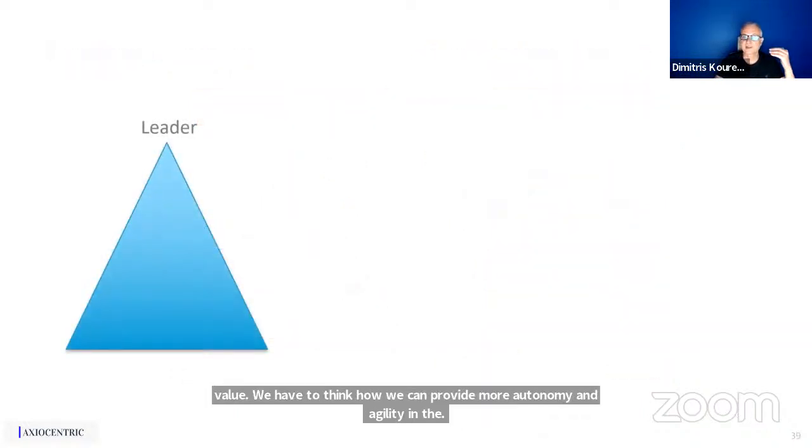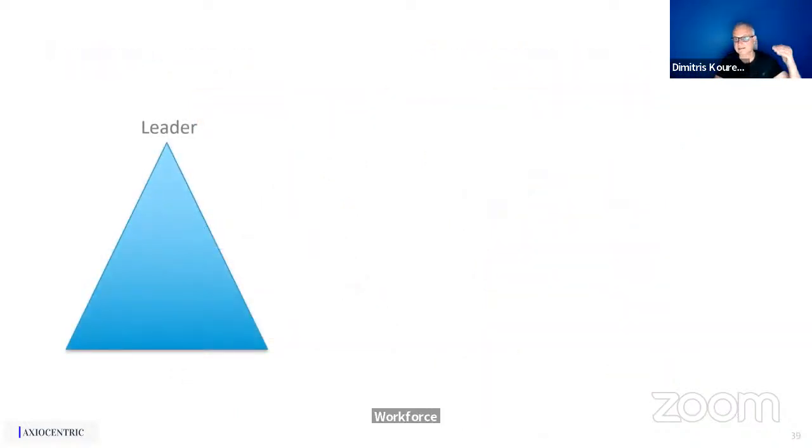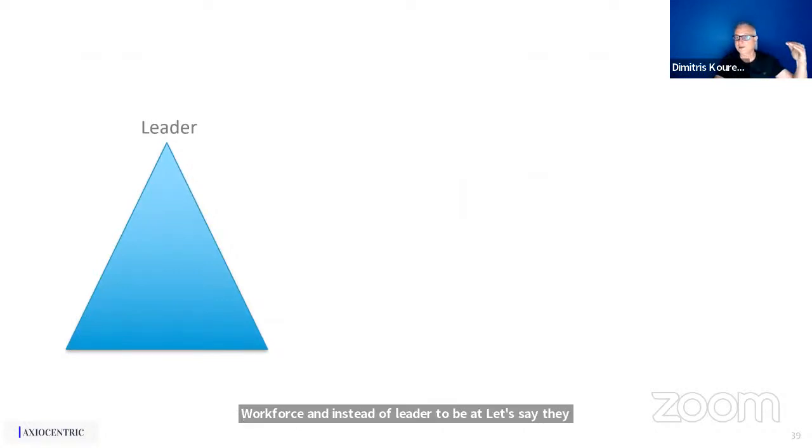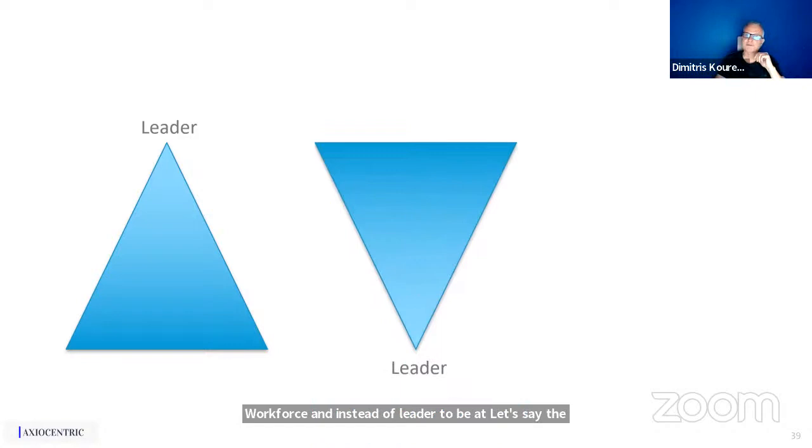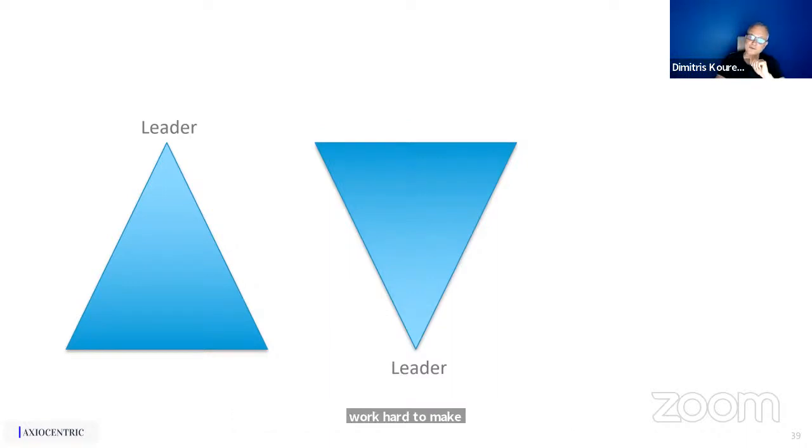And instead of the leader being, let's say, the superhero of the media, we want to have leaders that work hard to make their team the superheroes at the media of what they're doing.